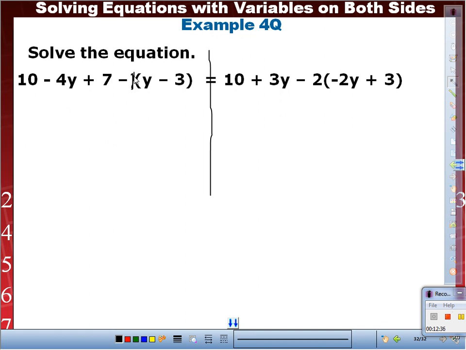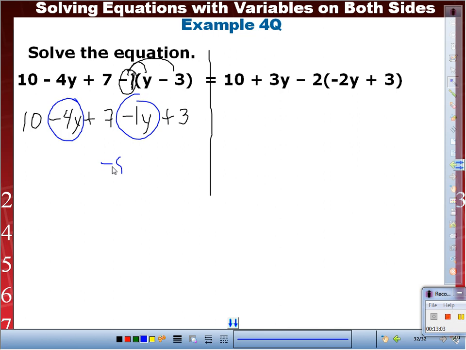What is the coefficient here? For the factor 1, we distribute, so we have negative 1y plus 3, bring down the 7, bring down the 4y, and the 10. Continue. Negative 5y, and then plus 20 equals.